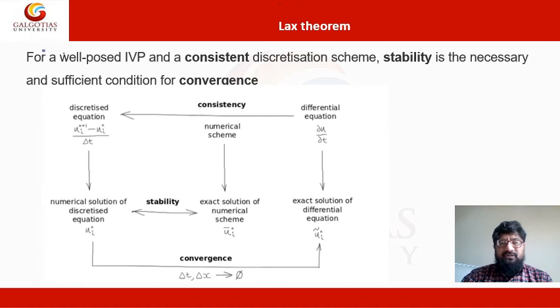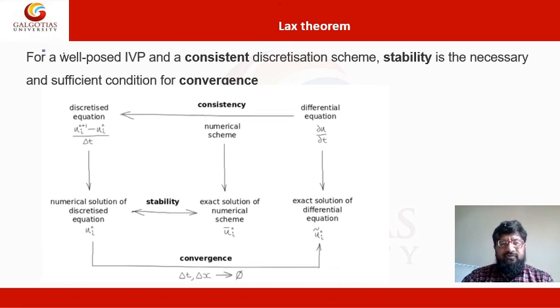So let us have a look at this diagram. We have a differential equation del u by del t, and we discretize it using some strategy. A scheme will be consistent if in the limiting case this discretized version approaches the original PDE. So we will numerically solve this discretized version.